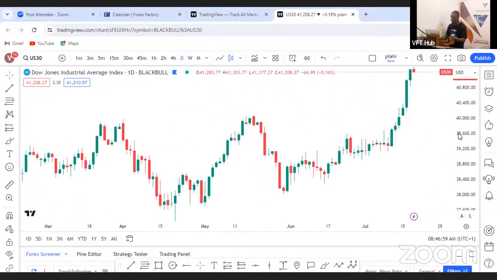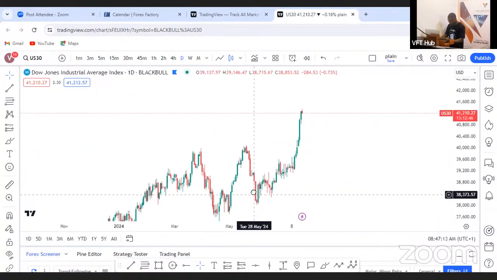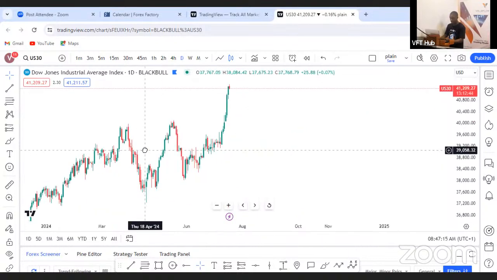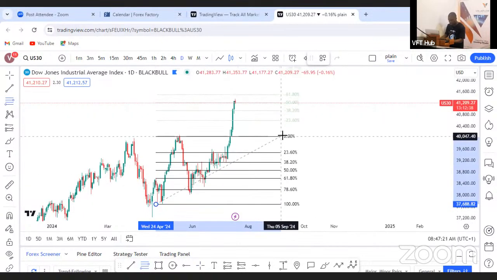On the daily time frame, US 30 has been behaving very well, right? Although it took a while before it finally aligned, finally we are on that move, and all of our markup, all of our areas we were looking to buy and sell off from, all of them have met the target.